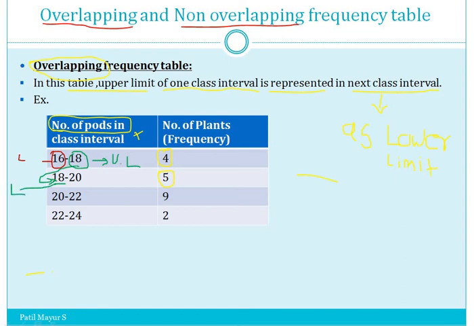So the upper limit of one class interval becomes the lower limit of the next. If such a table is given, it is called an overlapping frequency table. Understood?